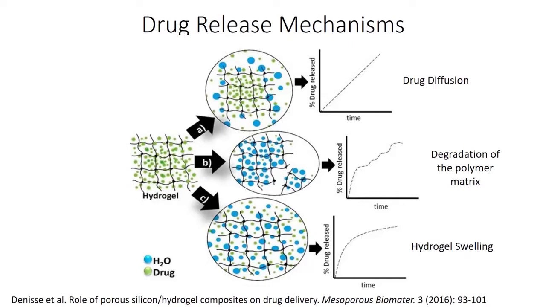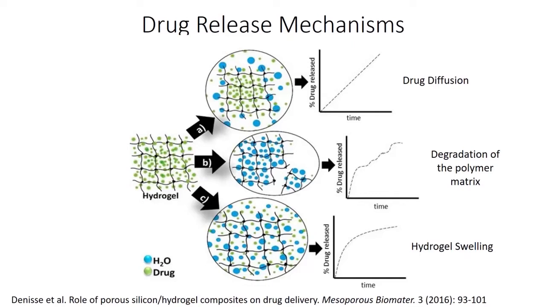In the case of swelling, you have a more logarithmic release, because typically swelling will occur immediately due to some sort of stimulus or just due to water infiltrating the hydrogel. And then when that swelling occurs, the drug will release and the scaffold will either degrade or remain intact, depending on what it's made out of.